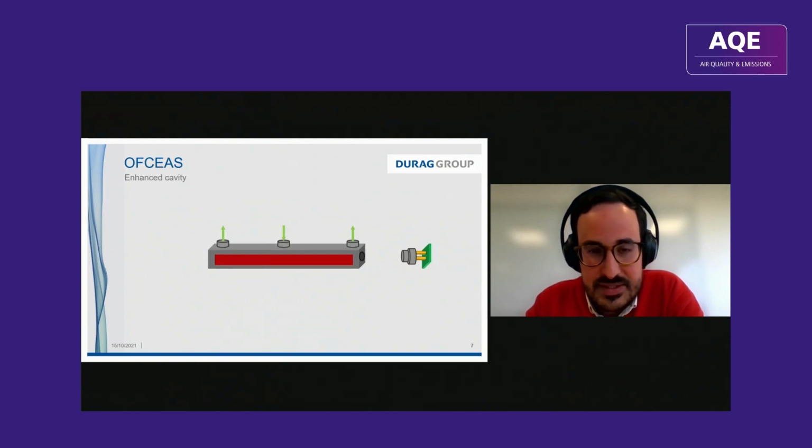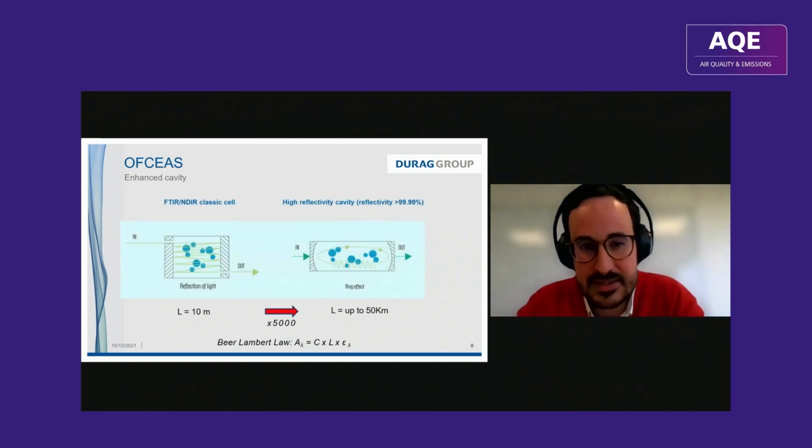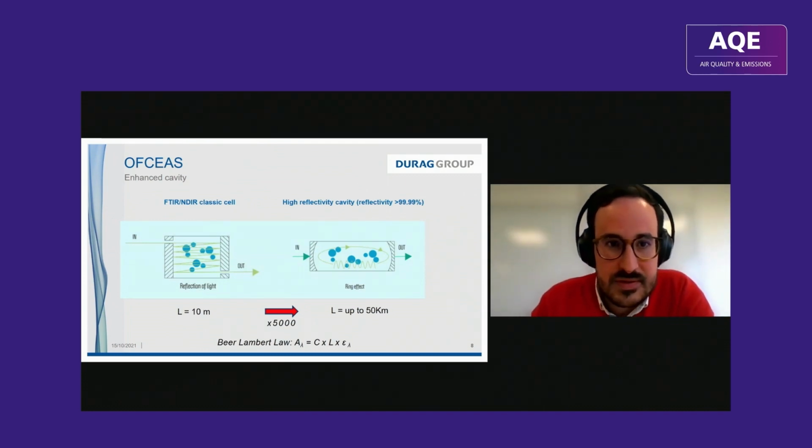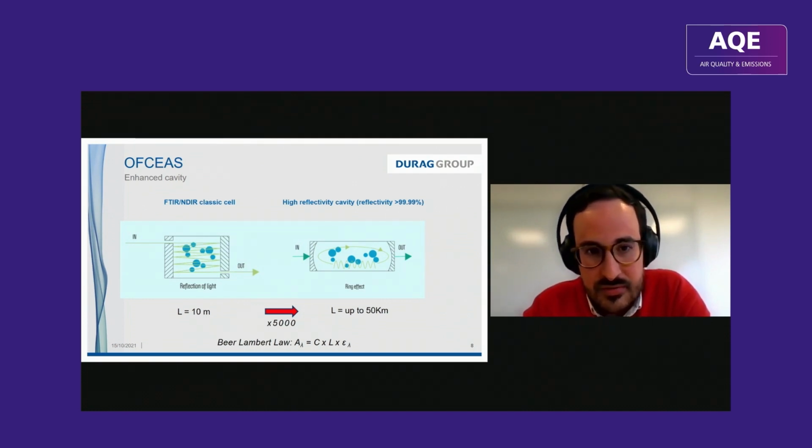The first particularity of the OFCEAS patent is what we call the enhanced cavity. When we send the beam inside the measuring cell, we try to keep the light as much as possible inside the cell. With FTIR and NDIR, we have quite a simple cell, keeping the light from 1 to 10 meters for most analyzers available on the market.